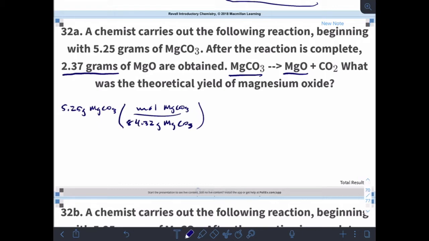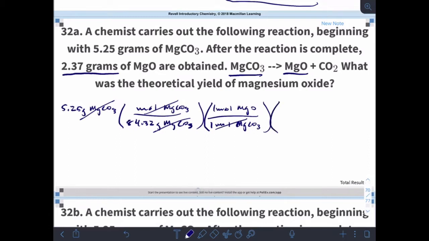Now that I'm in moles of magnesium carbonate, I'm going to go to moles of magnesium oxide. So 1 mole of magnesium oxide, and I'm going to put magnesium carbonate on the bottom because I want that to go away. So my moles of magnesium carbonate will cancel. If I stopped here, I would have moles of magnesium oxide. But I want to get to grams of magnesium oxide because my actual yield is in grams.